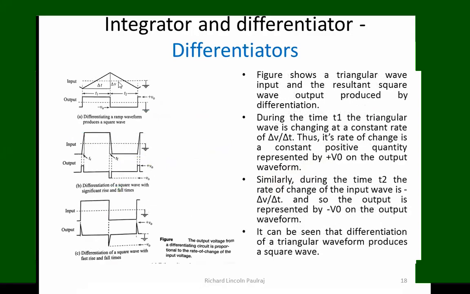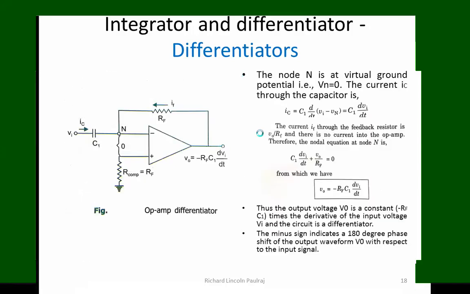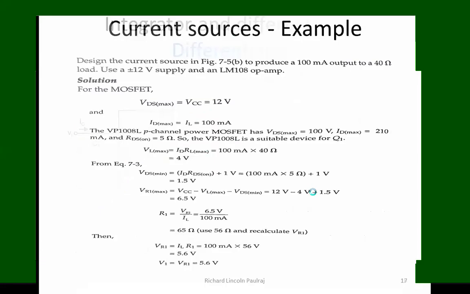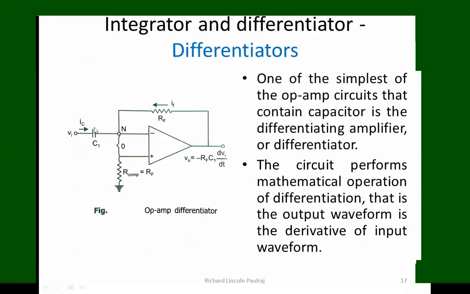When I give a triangular waveform, I'm going to get a square output; that is going to happen in the differentiator. So many concepts that we have looked into today. Just one thing: do not get confused about where C and R are placed. Always keep in mind, differentiators will have a resistance in the feedback, and integrators will have a capacitor in the feedback network. Any doubts here, students?